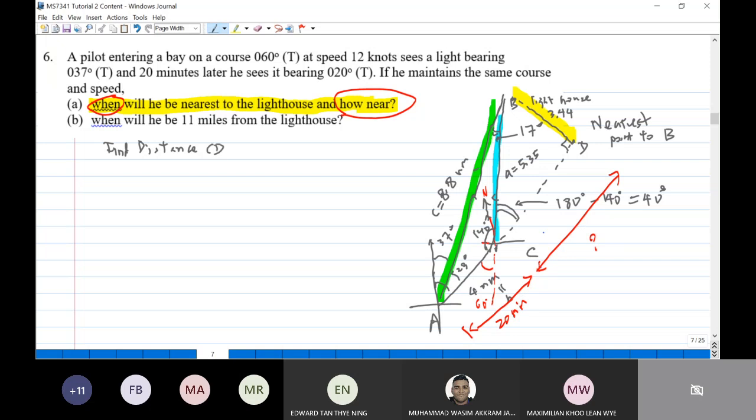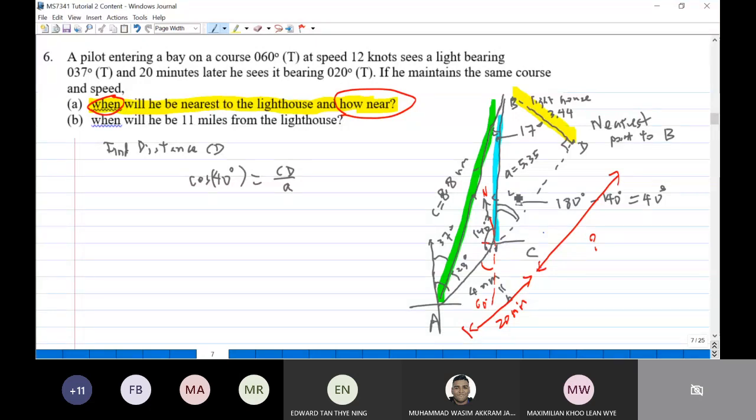I can use the cosine, right? Cosine of 40 degrees is CD over A, because the angle I found is 40 degrees now.